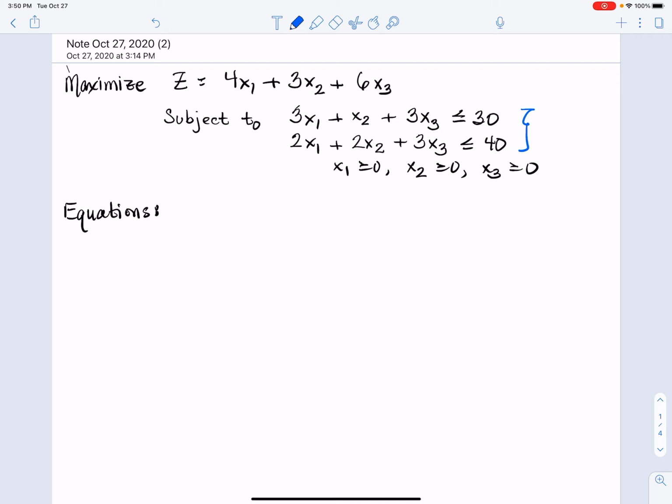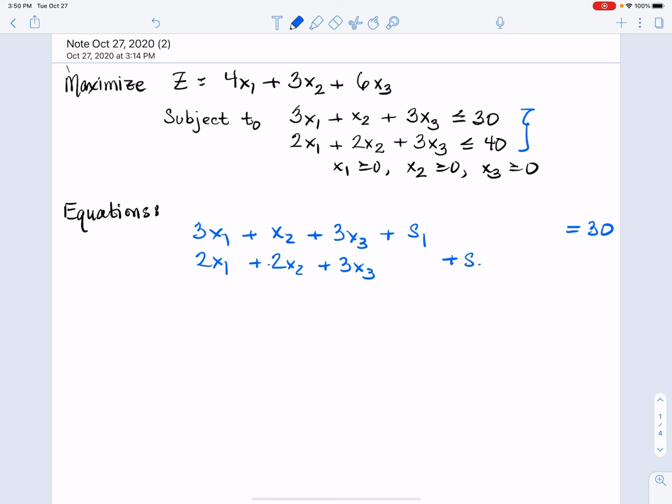The equations now become 3x1 plus x2 plus 3x3 plus s1 equals 30. I'm leaving some room so the variables line up. The second constraint tells us that 2x1 plus 2x2 plus 3x3 plus its own slack variable, s2, is equal to 40.